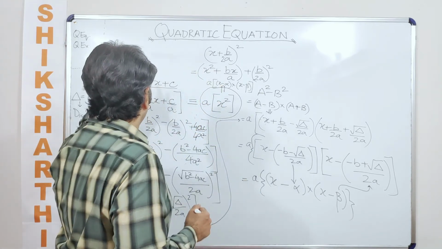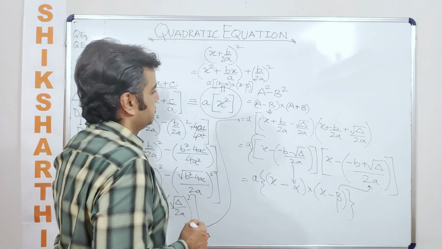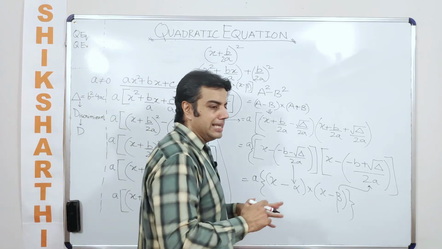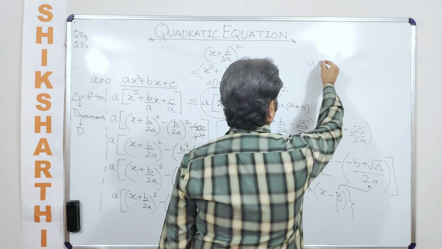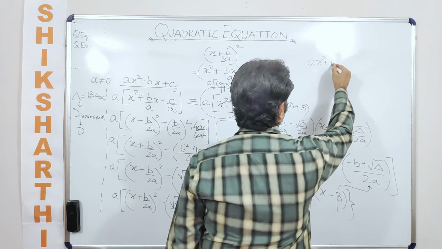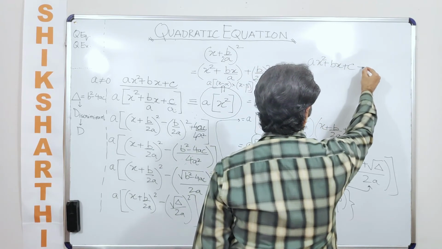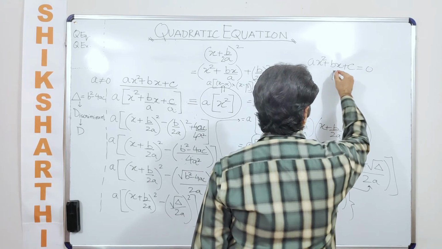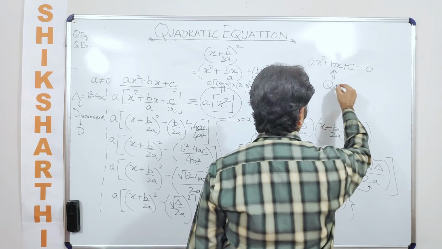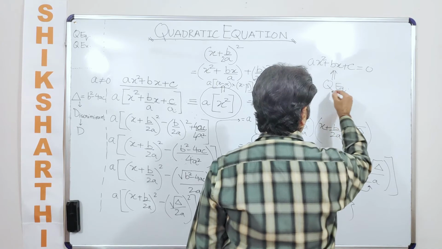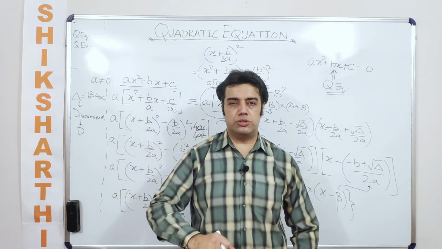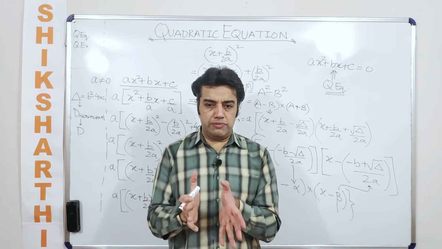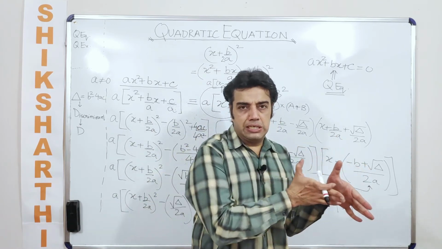And the moment I equate this expression to a 0 or any other constant term, so let us say I say ax square plus bx plus c is equal to 0, the moment I say this, that means this becomes a quadratic equation. So when does a quadratic expression become an equation? It becomes an equation only when it is equated to something.